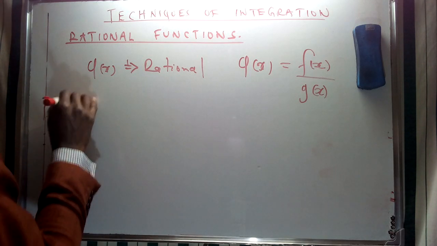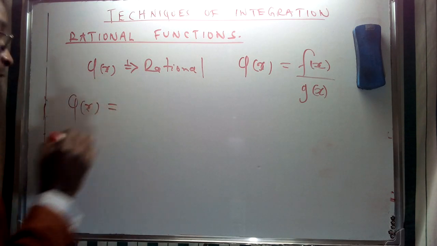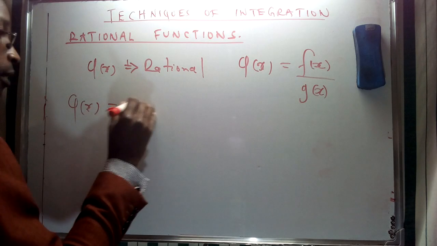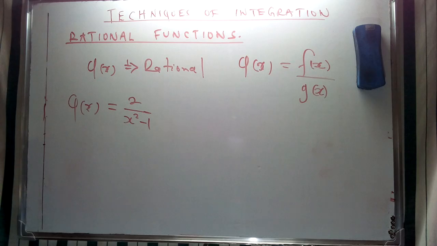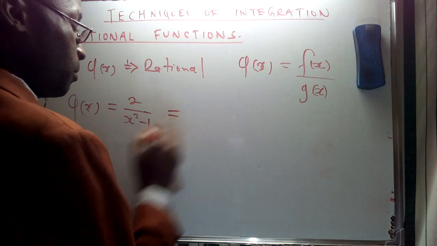So suppose we have q of x being 2 over x squared minus 1. We can find an integral of such a function by, of course, giving partial fractions over this function. And in this case, we are talking about the concept of partial fractions.